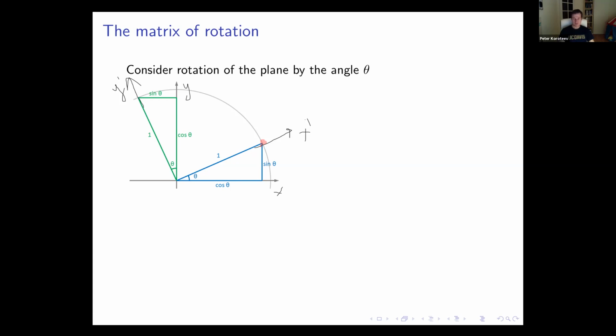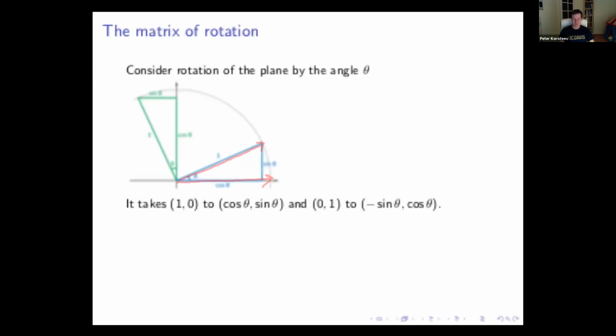So let's see how it goes. It takes vector (1, 0), right? It takes this vector here to this vector over there, (1, 0) to (cosine theta, sine theta).